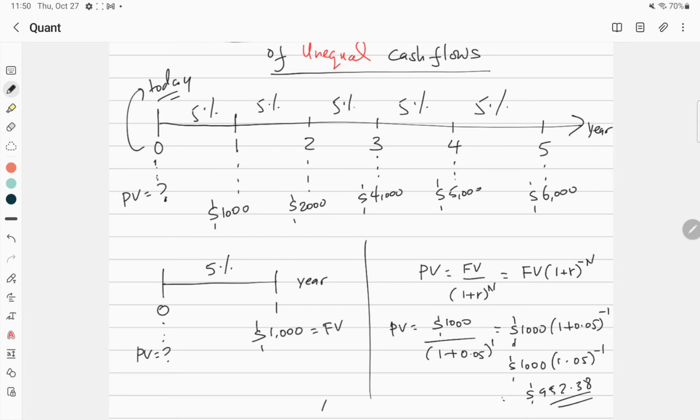The same applies for the others. It's just that we are going to sum them.